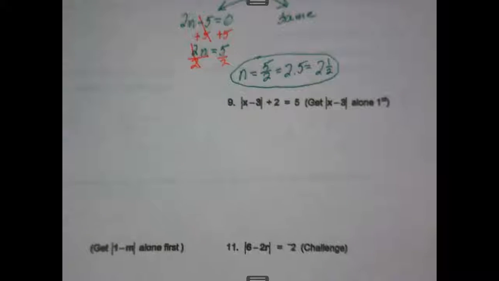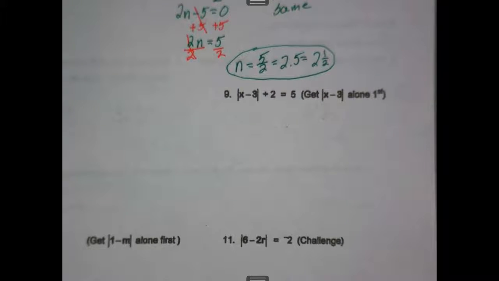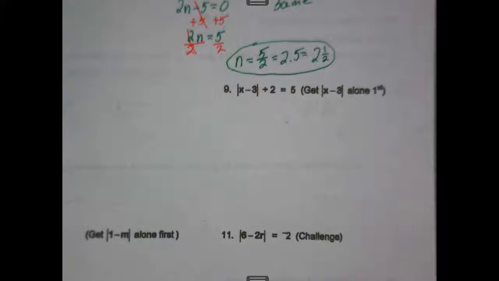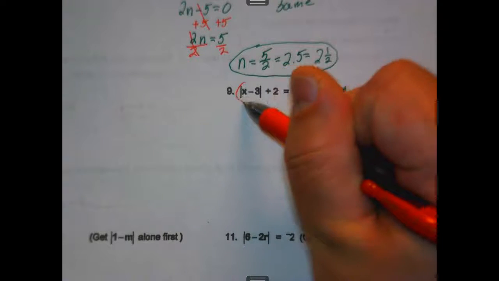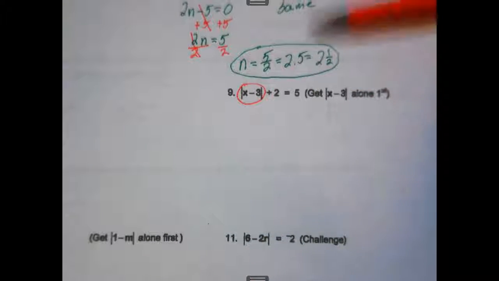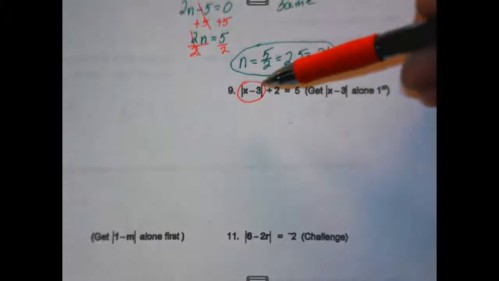Let's do number 9. Okay, now, before we split up the absolute value, we have to get that term by itself first.